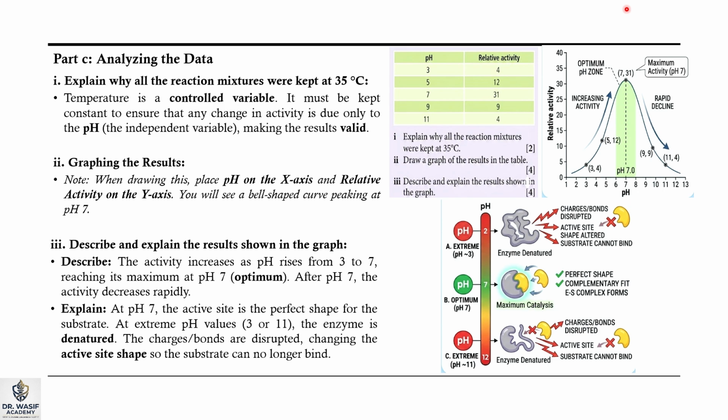At pH 7, the active site is the perfect shape for the substrate. At extreme pH values, meaning pH 3 or pH 11, which are both extremes on both ends, the enzyme is denatured. The charges or bonds are disrupted, so it changes the active site shape, and the substrate can no longer bind.